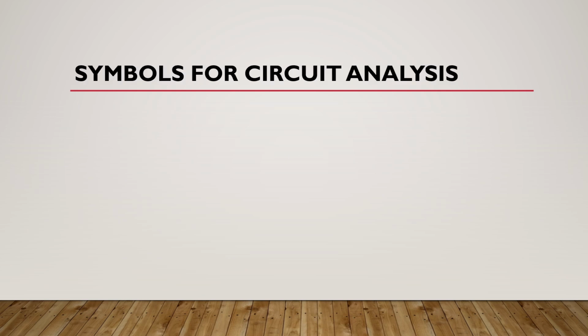For circuit analysis, I'll be using this symbol for MOSFETs, where this terminal is gate, this is drain, this is source, and the arrow will be here for N-type MOSFET, and this is the direction of drain current here.